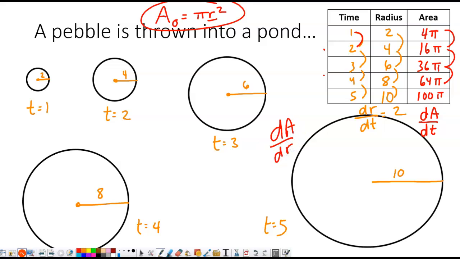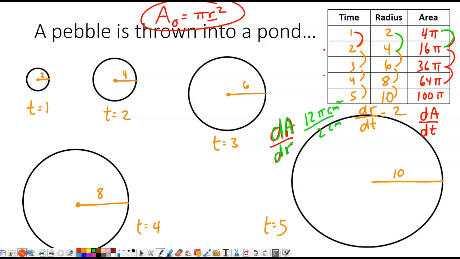Now, you're still going to get some different values, but we could do the first one here. Let's do this one in green. So how fast is A changing as r is changing? Well, on the first interval, once again, we're going up by 12 pi square centimeters. How much is the radius going up by? 2 centimeters.